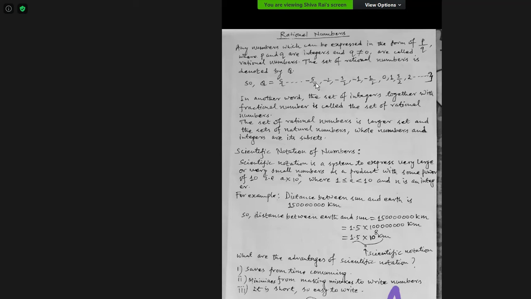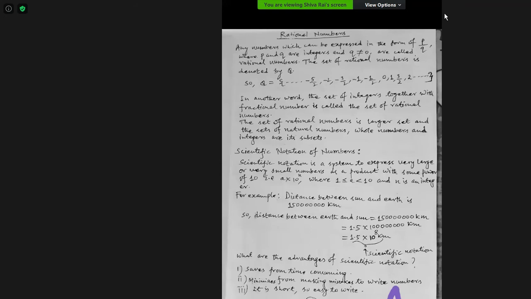If 10 is missing, the whole thing becomes wrong. If in the place of plus you write minus, the whole thing becomes wrong. So in scientific notation also, if 10 is missing or the decimal is not in an appropriate place, the whole thing becomes wrong. To reduce the chance of making mistakes, we use scientific notation because it is short form.